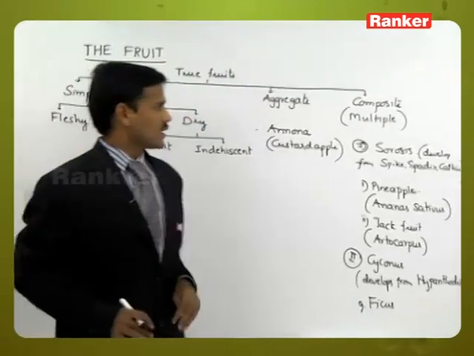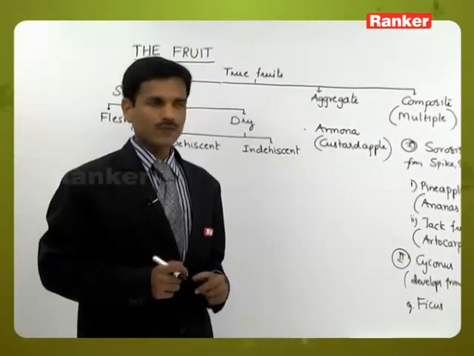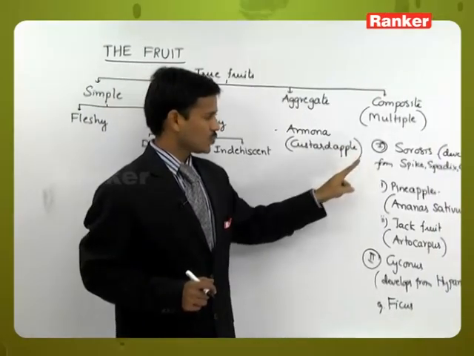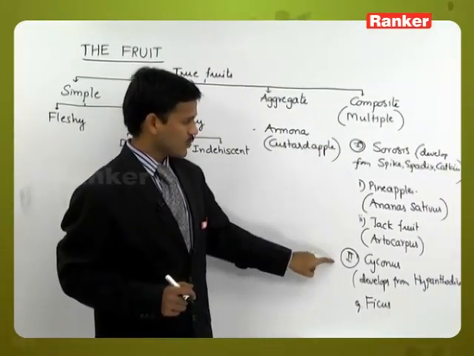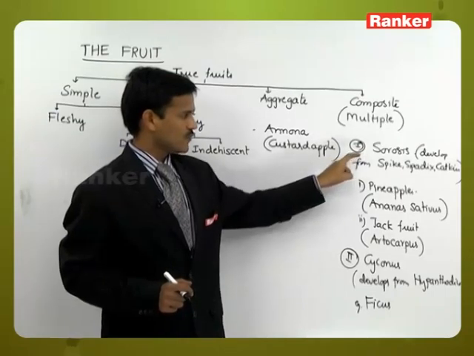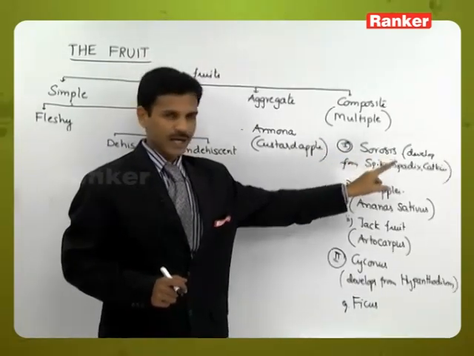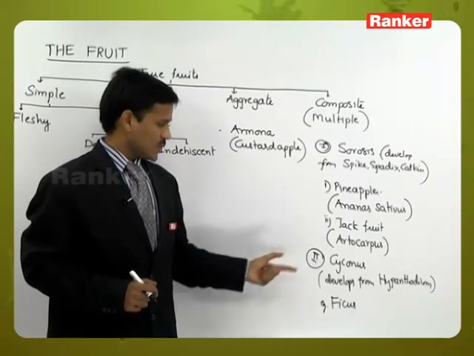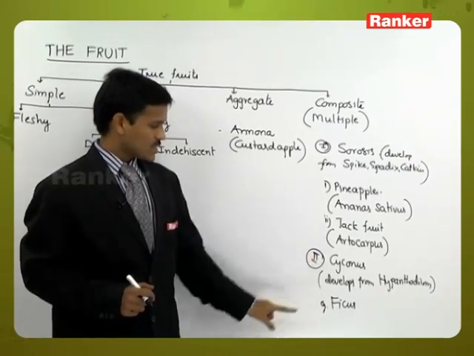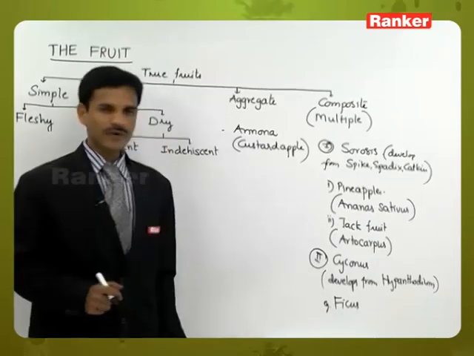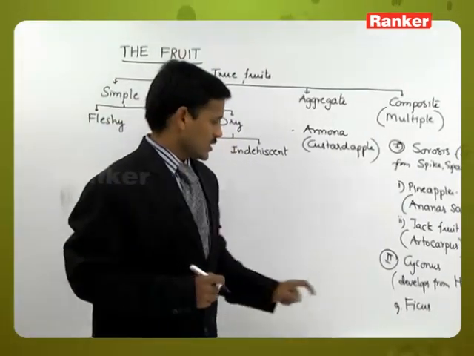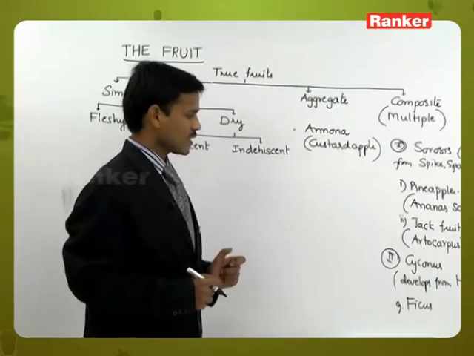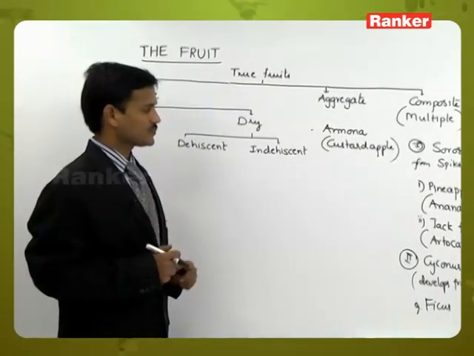So these are the composite fruits or multiple fruits that develop from the total inflorescence. There are two types, Sorosis and Syconus. Sorosis develops from spike, spadix, catkin inflorescence, examples pineapple and jackfruit. Syconus develops from Hypanthodium inflorescence, example the ficus plant. Ficus plant is producing Syconus type of fruit.